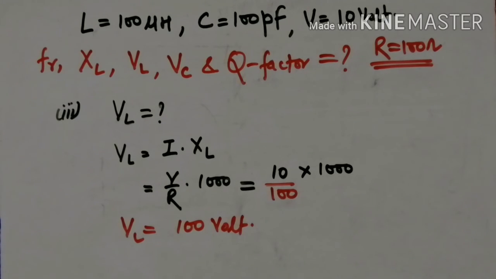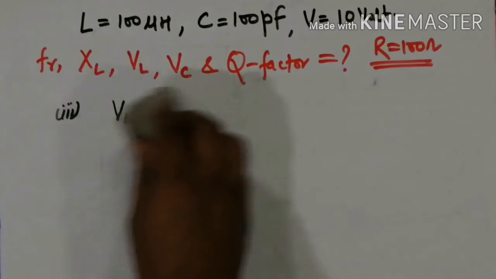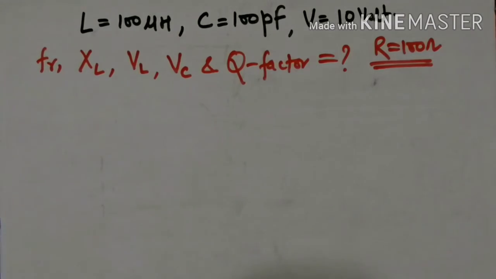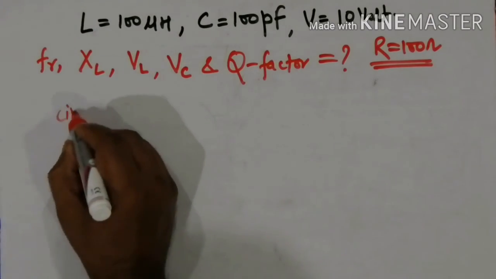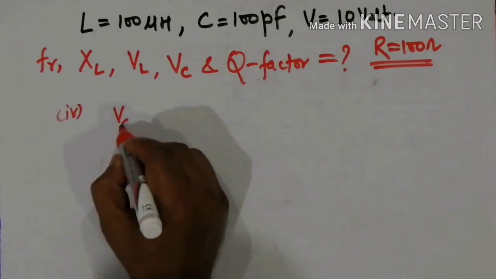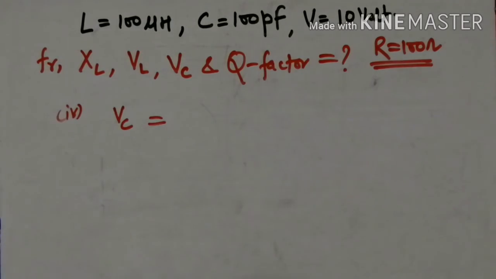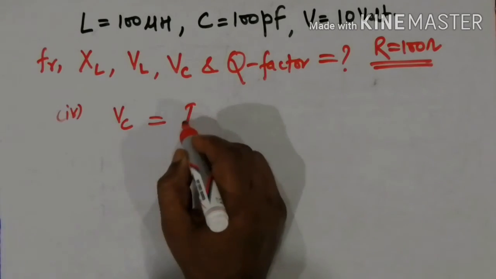Now the fourth part, that is VC. The fourth part is VC, voltage across the capacitor, current into XC.